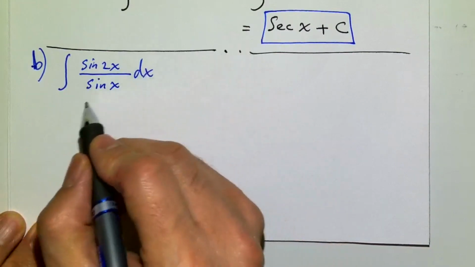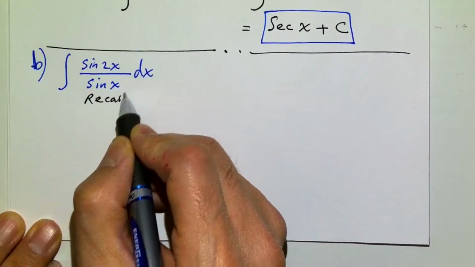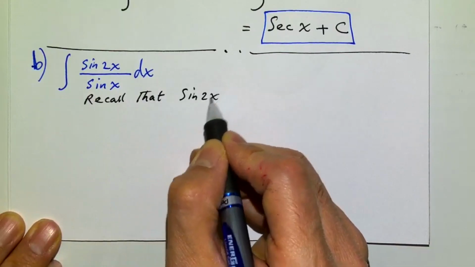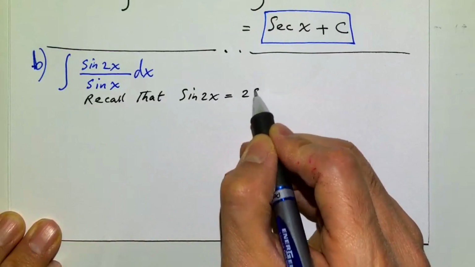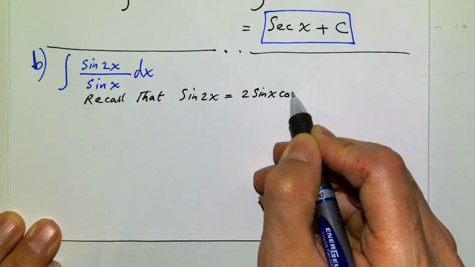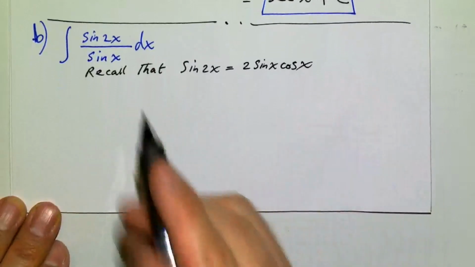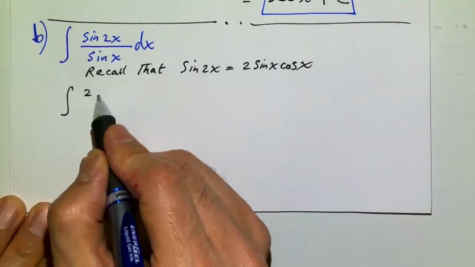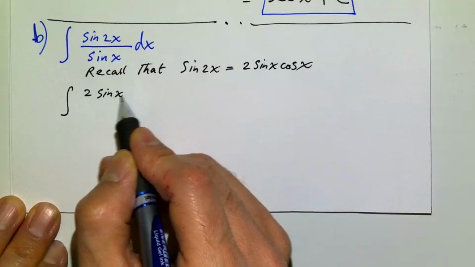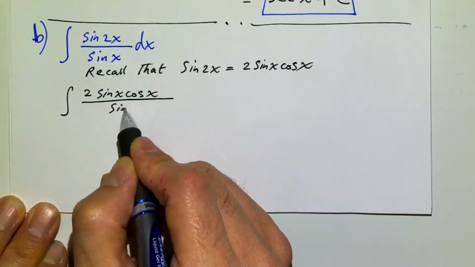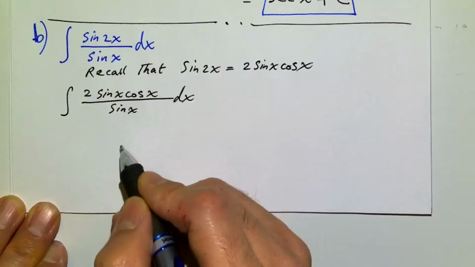So let's recall that sine 2x is equal to 2 sine x cosine x, right? So let's replace it in the integral with that quantity. We have 2 sine of x cosine x divided by sine of x dx.